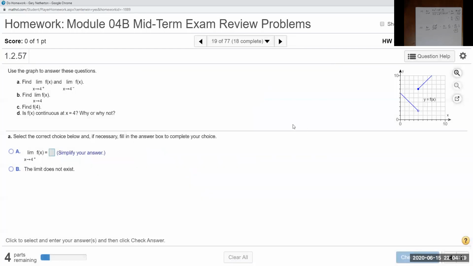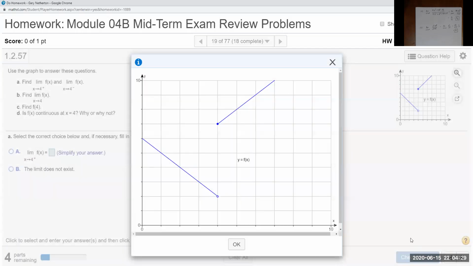But let's answer all the questions. So the first question says, look at the function. What's the limit as x approaches 4 from the positive or the right side? So here's 4. As x approaches 4 from the right, it looks like, what is this? 1, 2, 3, 4, 5, 6, 7.